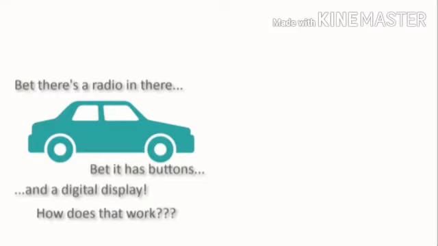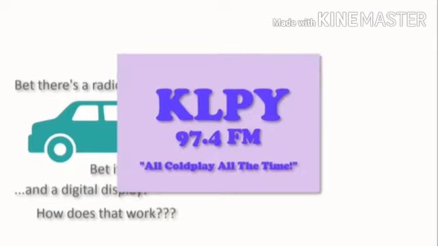The answer is that there's an agile frequency generator inside that forms the local oscillator that we just talked about. The frequency generator can be configured to produce a wide range of frequencies, each frequency corresponding to a channel on the AM or FM bands. If you had only a fixed frequency generator, you could only receive one station.